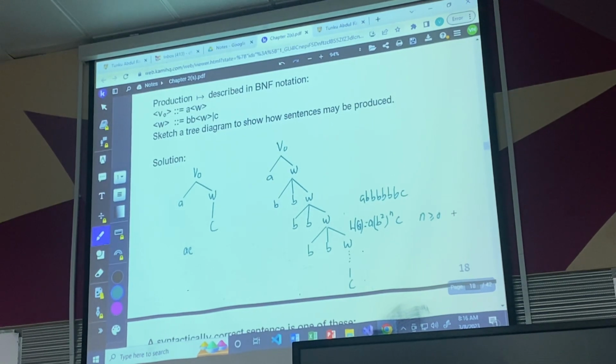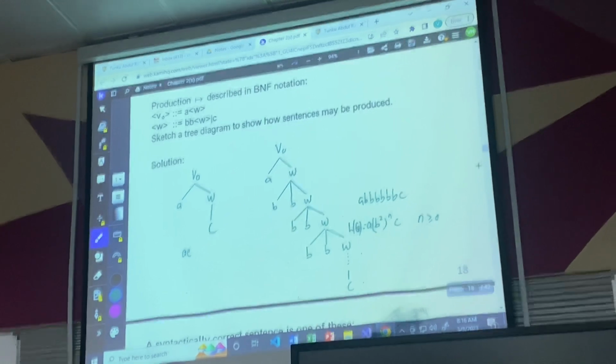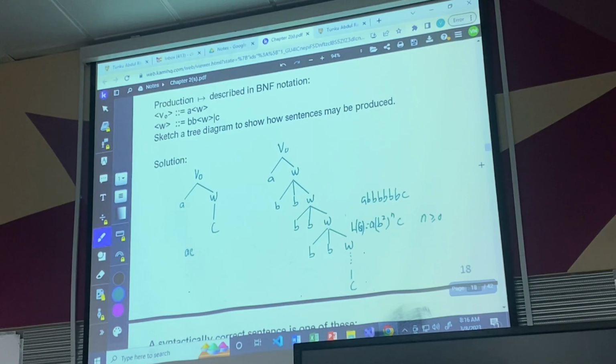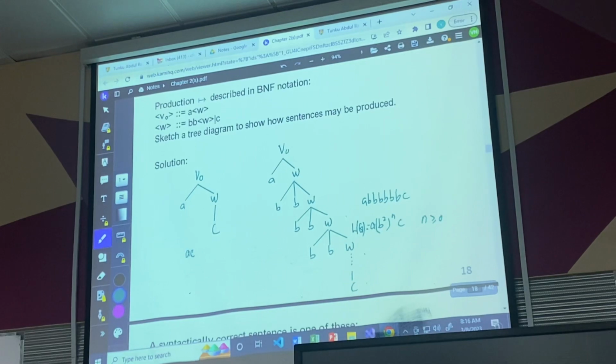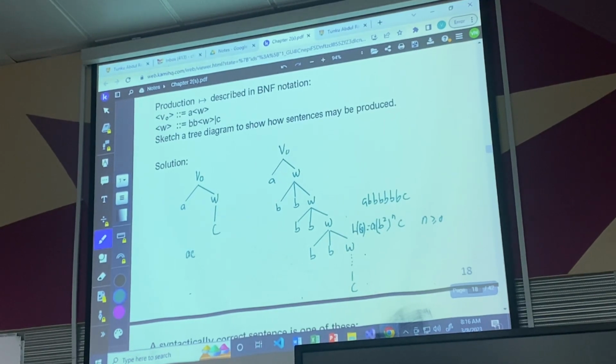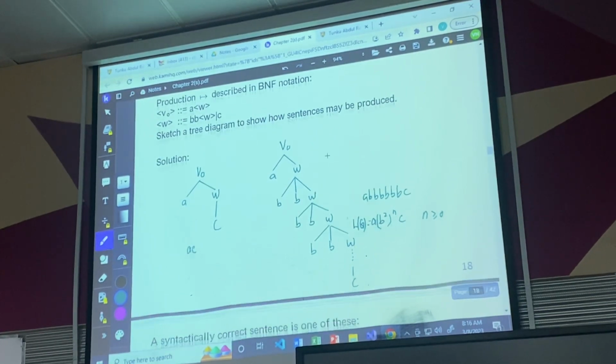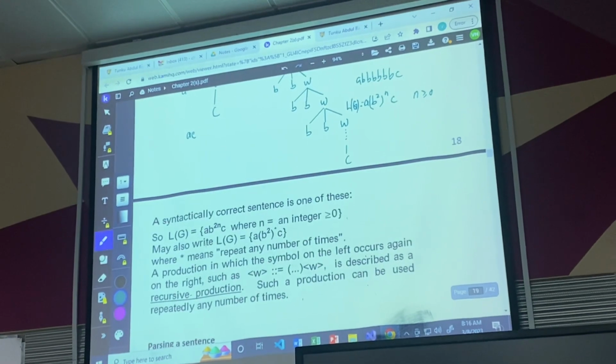If 0 means that you don't have any B. So your string will be AC only, and you can keep on repeating until infinity number of times the B. Okay? So this one you can write in the, this one is here, shown already.